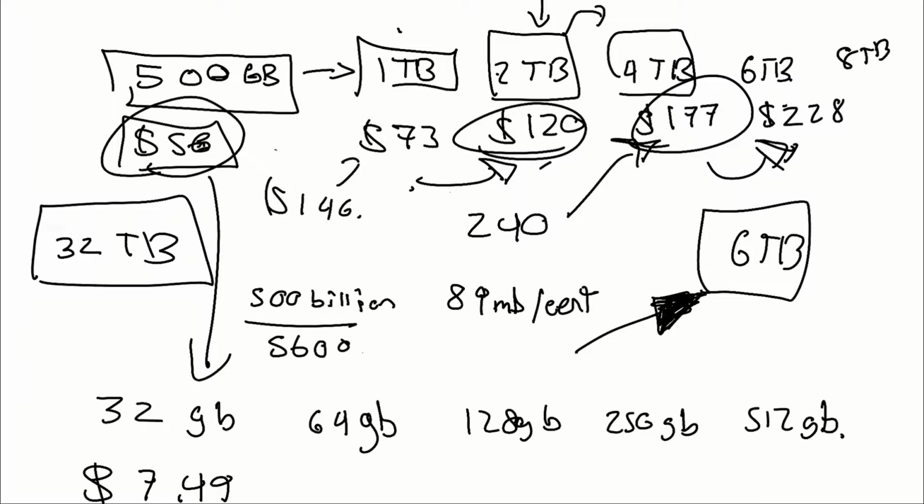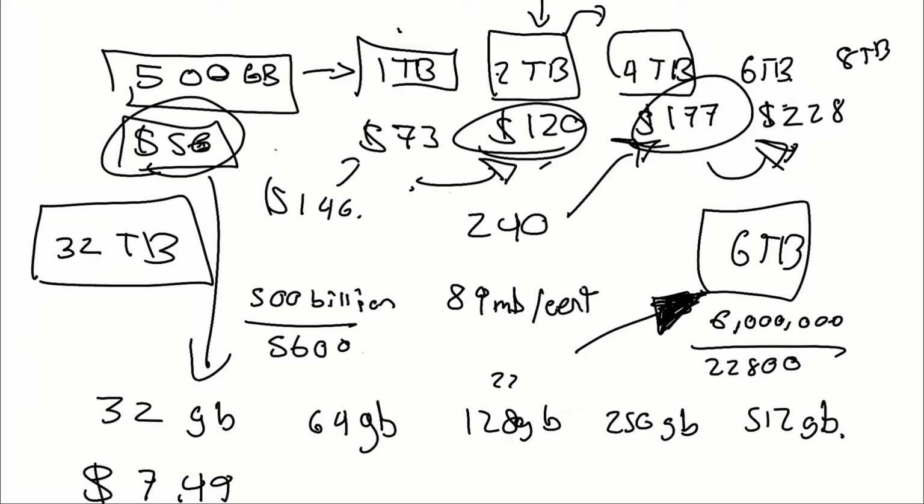the 6 terabyte one. So for the 6 terabyte one, you're taking 6 million megabytes, and then you're dividing it by 228, which is 22,800. So that's basically the equivalent of cents, right?